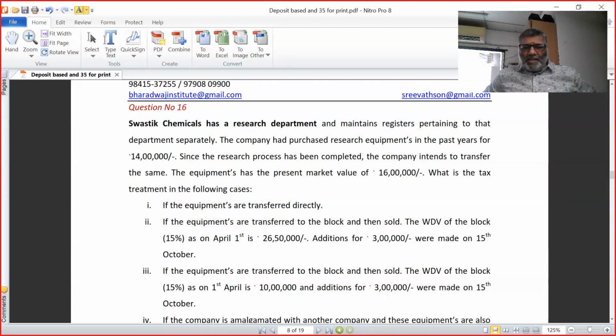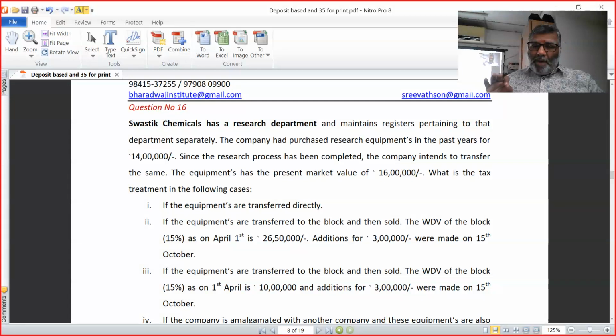Question number 16. Swastik Chemicals has a research department and maintains registers pertaining to the department separately. The company had purchased research equipment in the past year for 14 lakhs. Since the research process has been completed, the company intends to transfer the same.